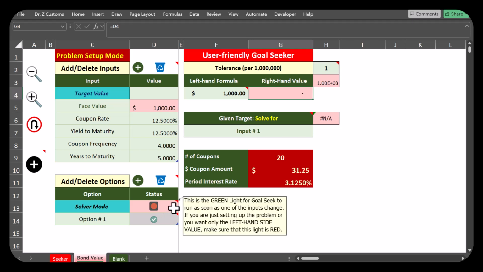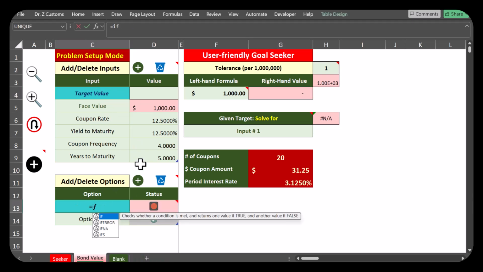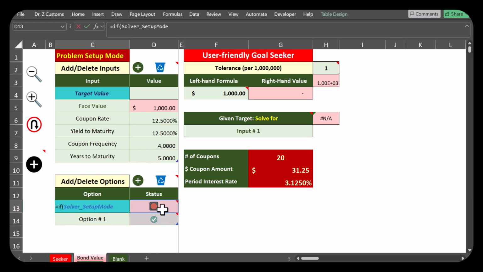If this thing is greater than 0, call it solver mode. Otherwise, call it setup mode.